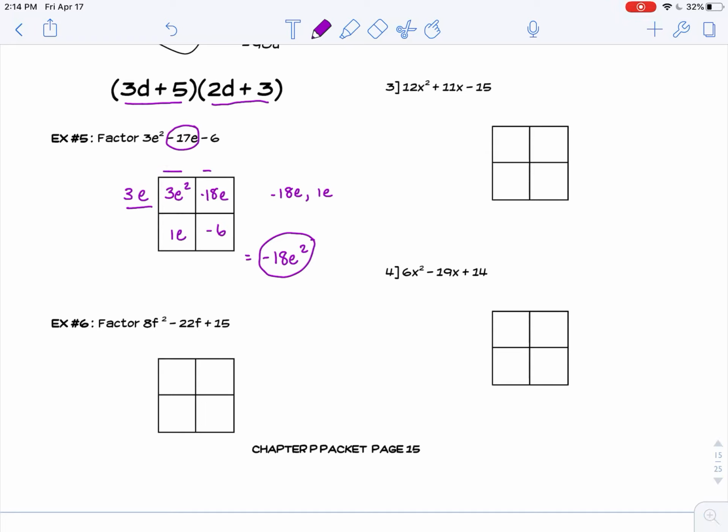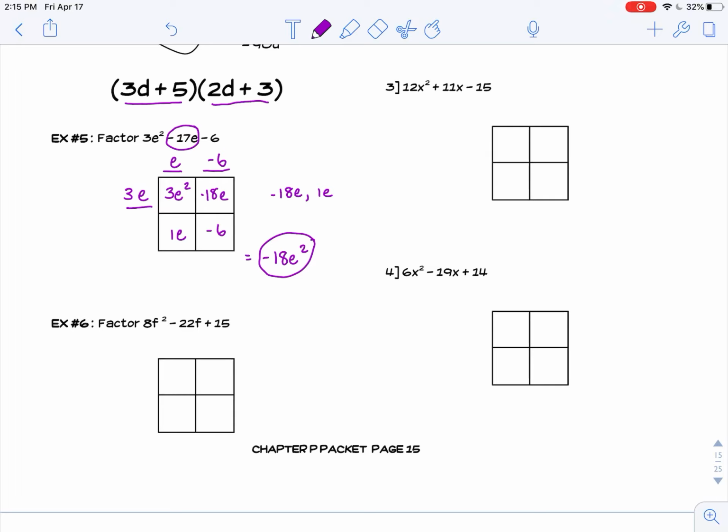Now, how do I find this and this? 3e times blank should give me 3e squared. 3e times e gives me 3e squared. Next box. 3e times blank should give me negative 18e. What is that going to be? 3e times negative 6 gives me negative 18e.